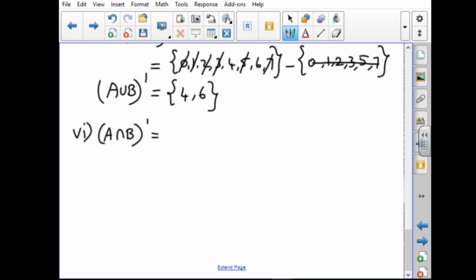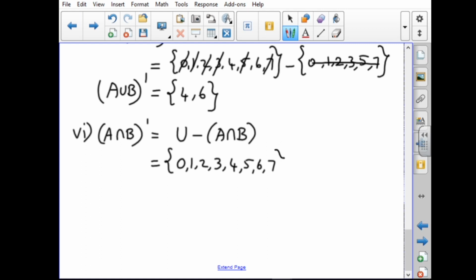That is equal to the universal set minus A intersection B, the same way. So the universal set is 0, 1, 2, 3, 4, 5, 6 and 7, minus A intersection B, which means the common elements of A and B. The common elements of A and B are 3, 5 and 7.